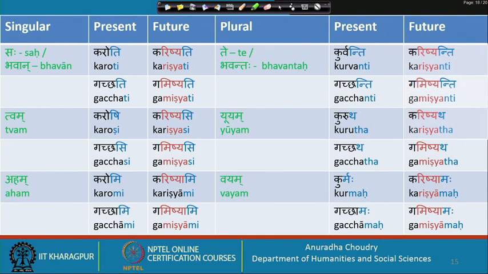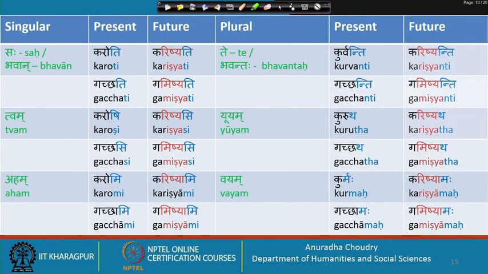So maybe if you want to say I will go, just to add on a little bit. If you want to say I will go on Monday, it will be aham somavare gamishyami. We will go on Monday: vayam somavare gamishyamaha.